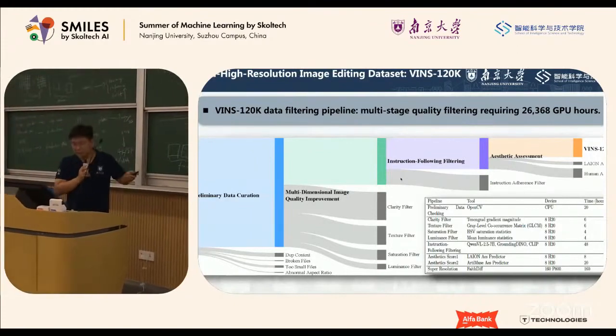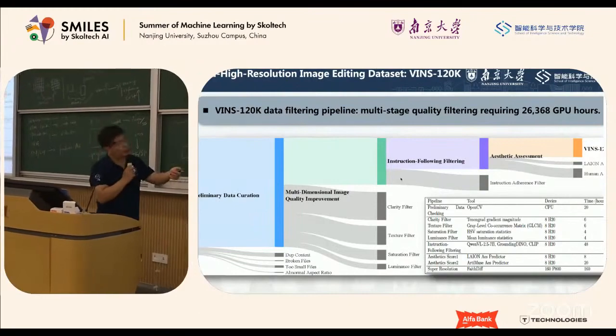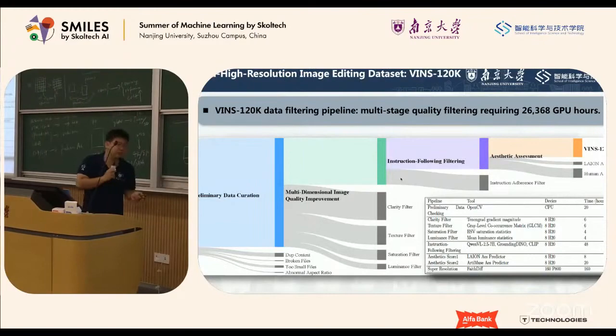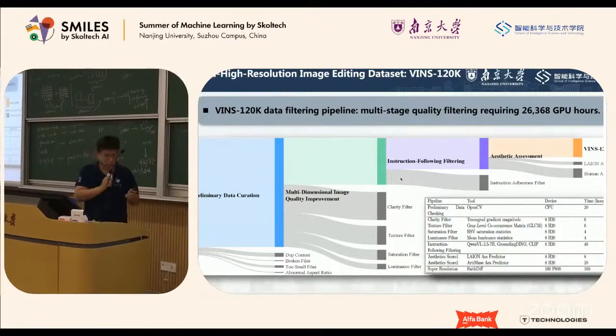So the complete process required 26K GPU hours. If you do not have many GPUs, this work maybe cannot be done. So this illustrates the computational cost of the entire dataset construction.